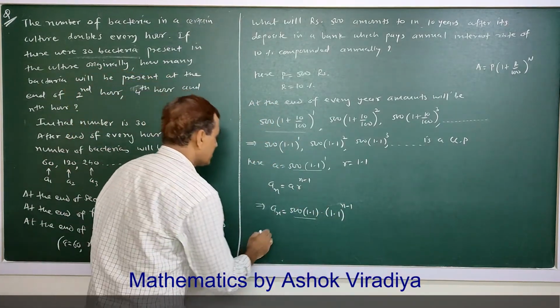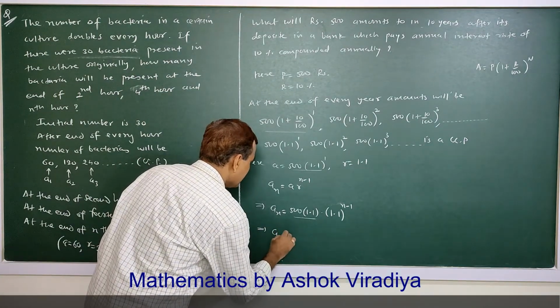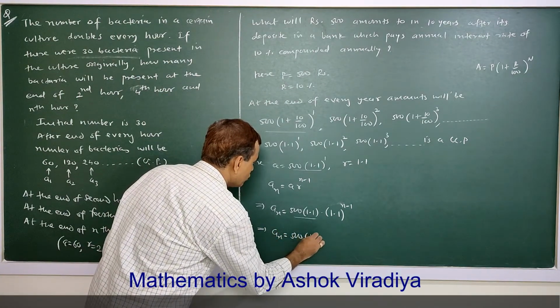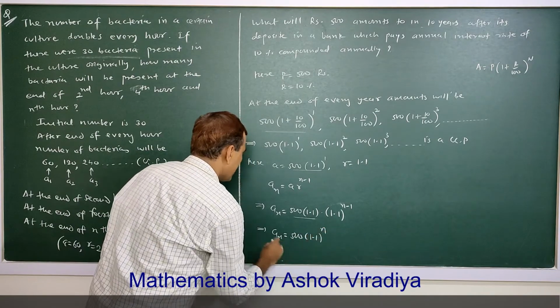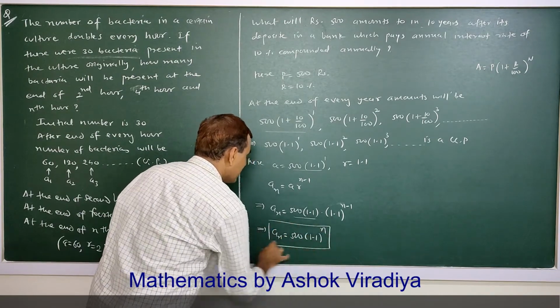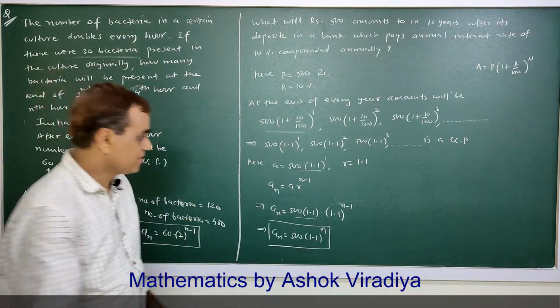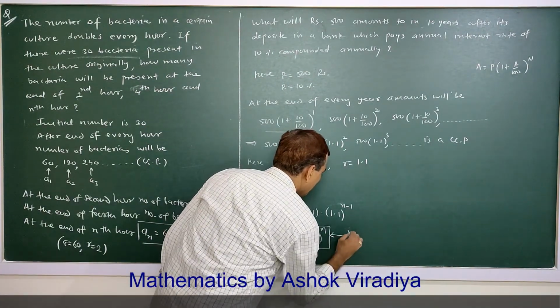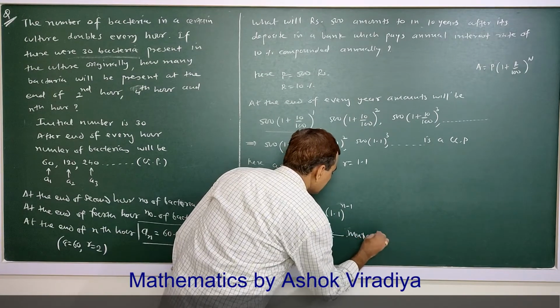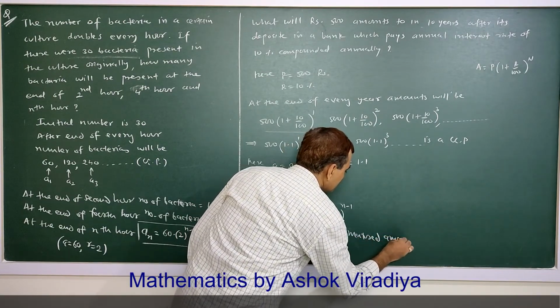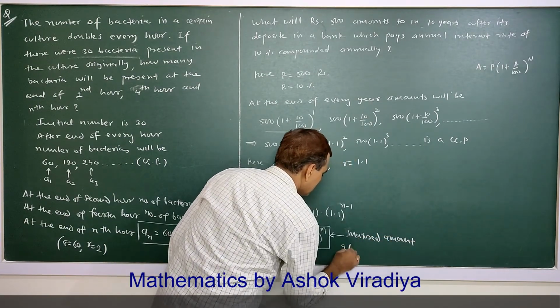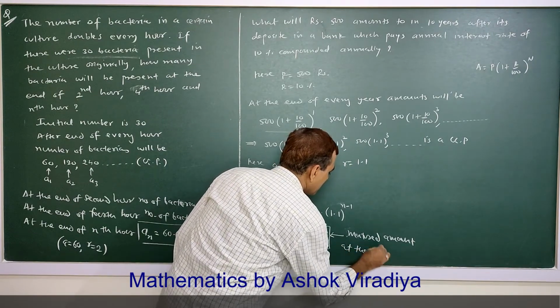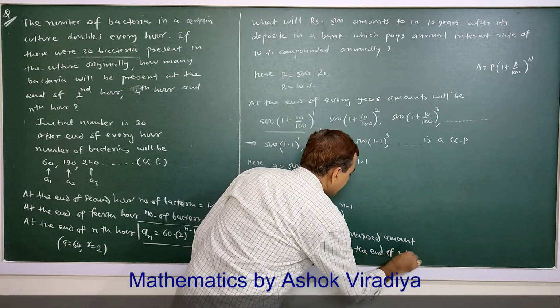So An is 500 into 1.1 raised to n. So this is the amount, the matured amount, at the end of n years.